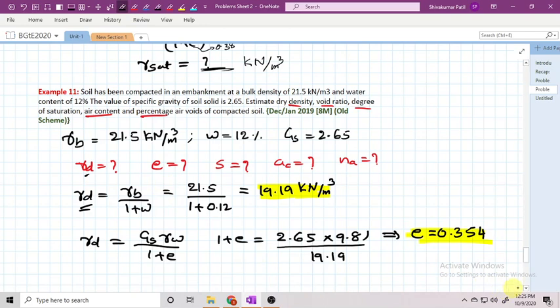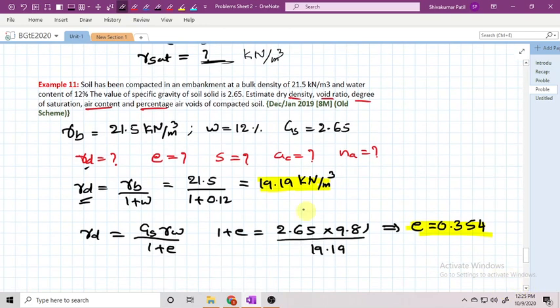Once I know the e value, I can find the degree of saturation. How? Because I know S e equals w into Gs. So S equals the water content 0.12 into specific gravity 2.65, divided by the e value 0.354.